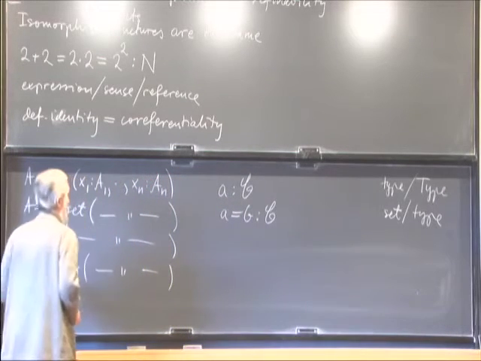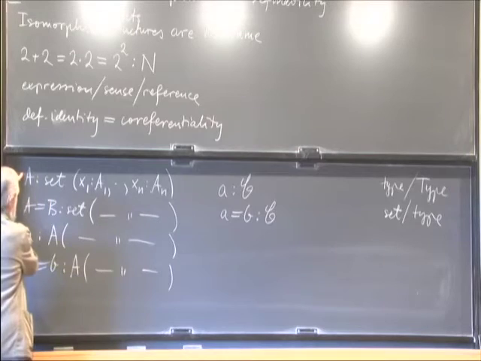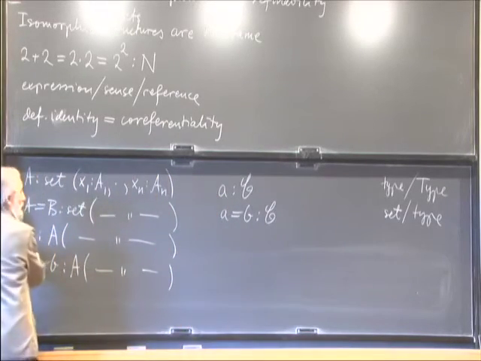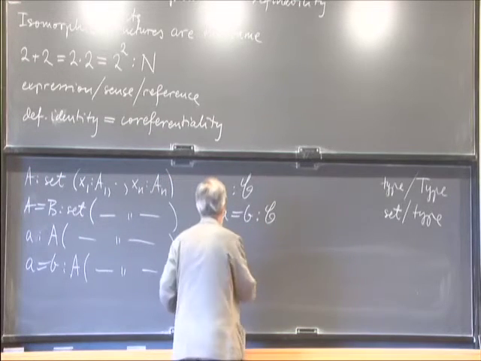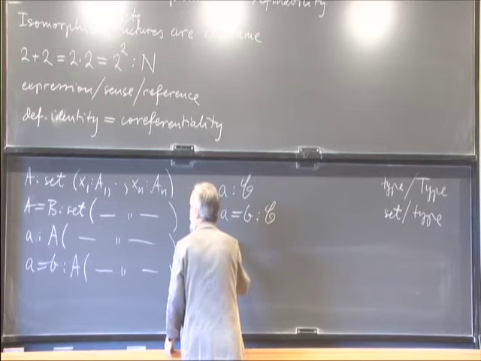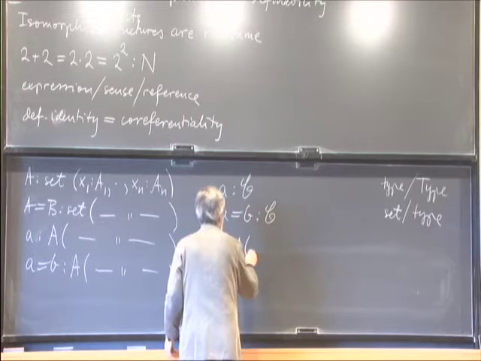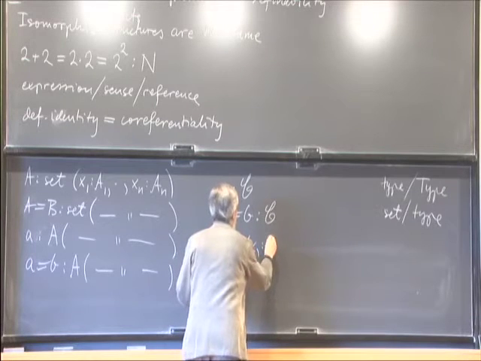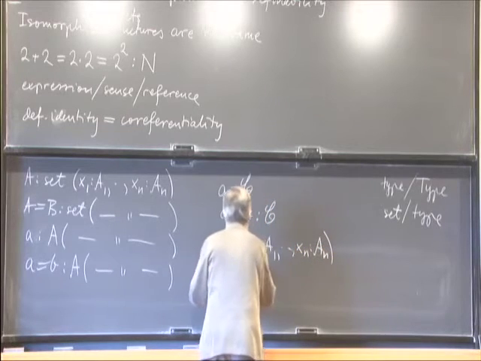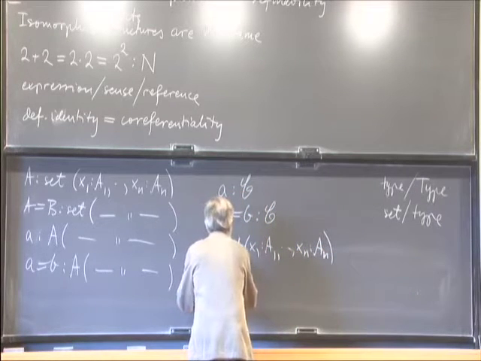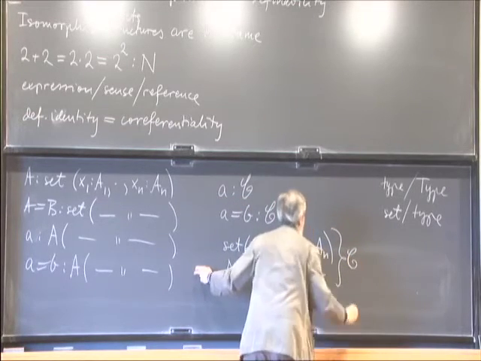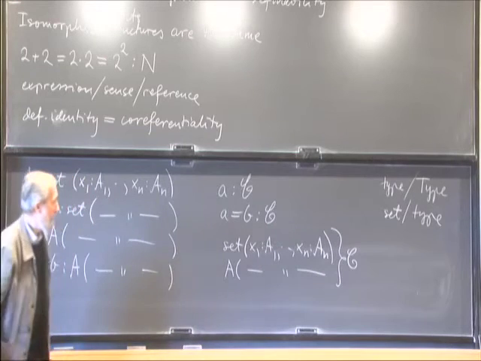So these two are instances of this form, and these two are instances of this form, provided we let C be either set in this context or element of A in this context. So these are my categories.